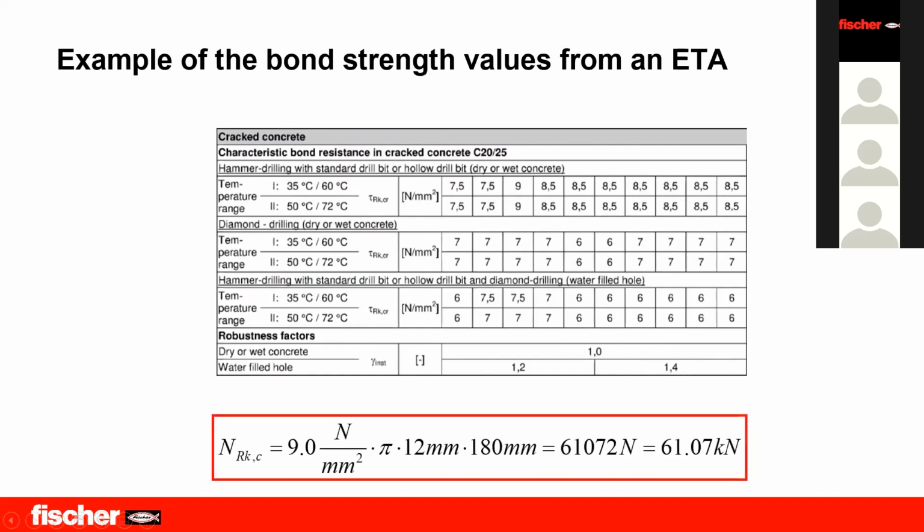Once you get the bond value, and once we know pi times d times h effective, where d is the diameter and h effective is the anchorage depth, it is simply multiplied to find the pull-out capacity of an anchor. Here the bond is 9, multiplied by pi, multiplied by the diameter, and multiplied by h effective, and it's around 61.07 kilonewton. So this is how bond strength plays an important role in each chemical.